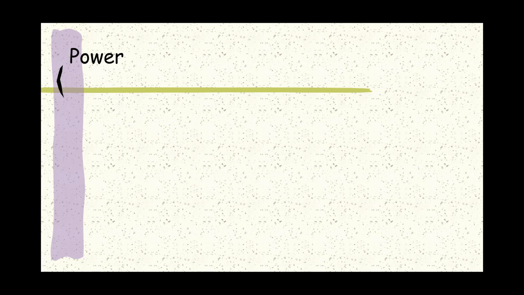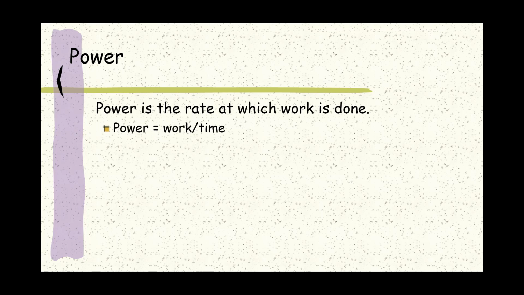Let's look at power. Power is the rate at which work is done. It's how quickly. Notice how before, work didn't really require any time units. In this case, how quickly you can do that work is. So power equals work divided by time. So you could also rearrange that for work equals power times time. Or you can solve for the time as work divided by power.